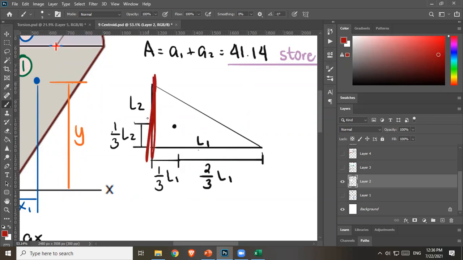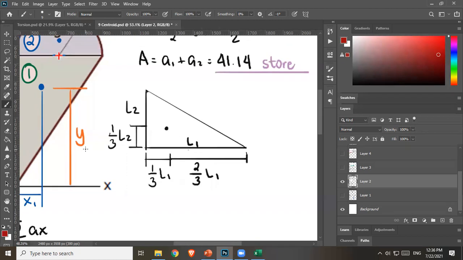Now, if we're concerned along this direction, the distance of your centroid from this length is 1/3 L. And then from this point, it's 2/3 L again. So just remember, distance of your centroid from the higher end is 1/3 length. Okay, so keep that in mind.